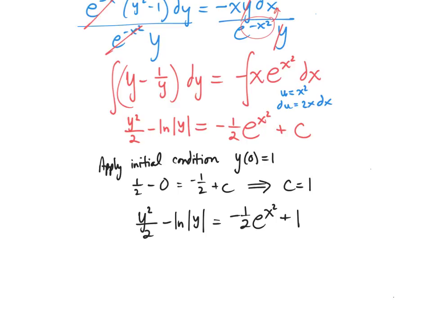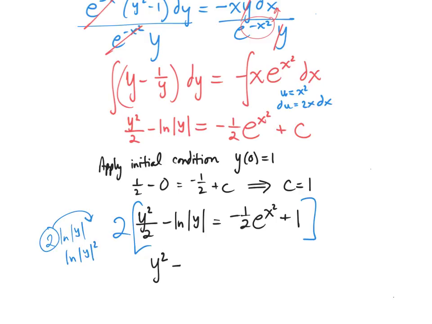You can multiply everything by 2 just so you don't have to deal with that 1/2. Maybe I'll do that. Yeah, I definitely want to do that because if I multiply everything by 2, not only do I get rid of the fraction in the first one, but 2 ln of absolute value of y, that 2 can come up as the exponent, and then I can drop my absolute value because it's always going to be positive, right? So I could just write it as ln of y squared plus e to the x squared equals 2.